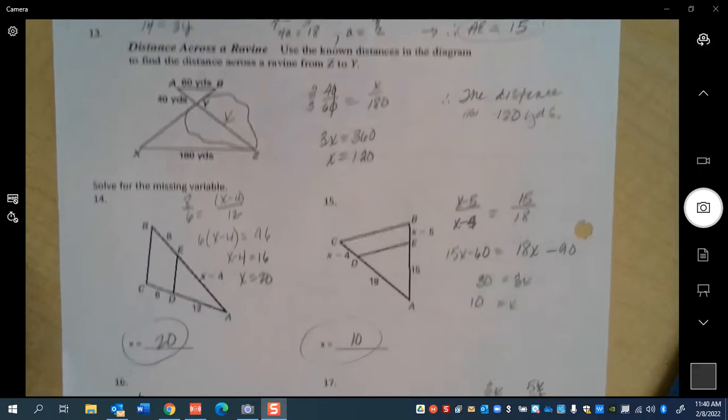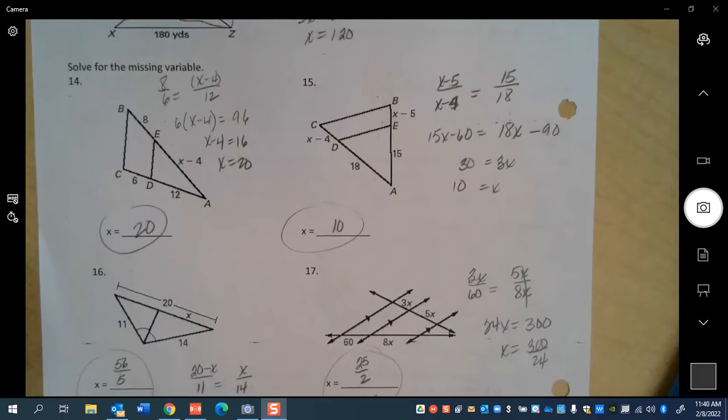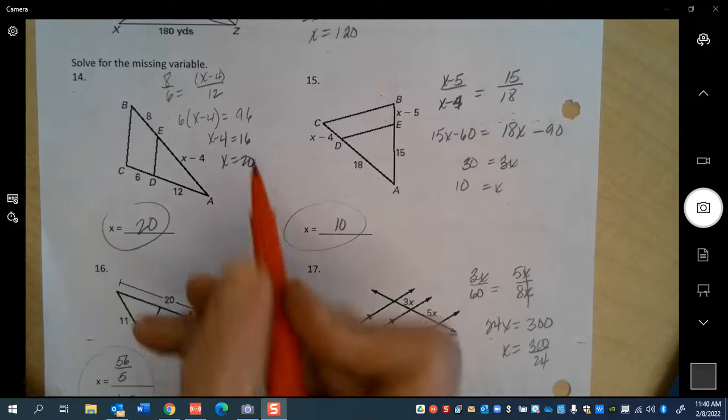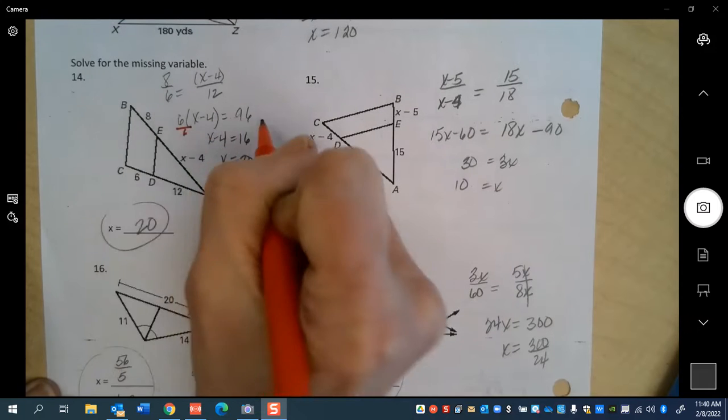All right, down here, 14 and 15, some more side splitter conversations. Olivia was asking me about this one. She's like, I can't follow your work here. Did you distribute or not? I'm like, I actually took a shortcut because I knew that 6 and 96 were friendly numbers.